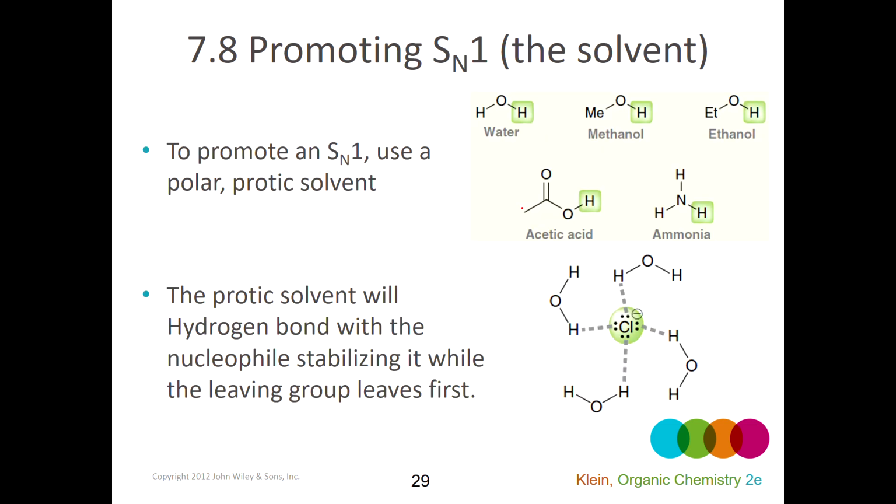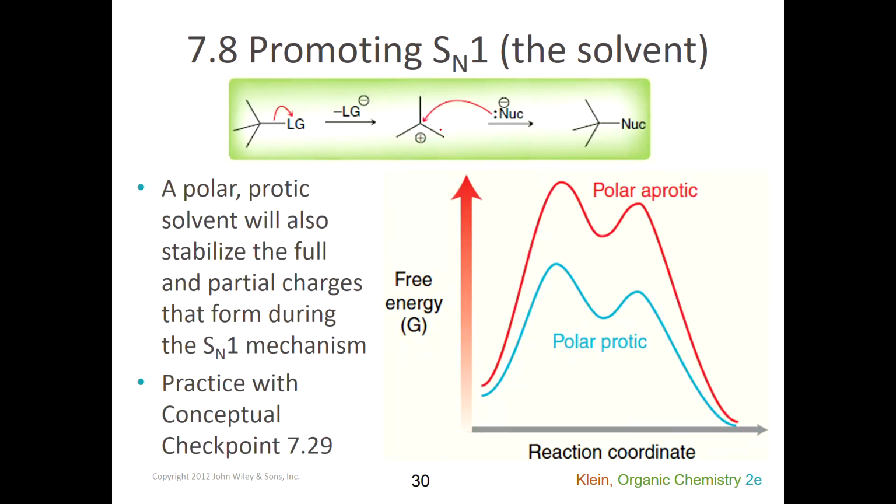If I want to promote an SN1, I don't care about how the solvent stabilizes a nucleophile, because the nucleophile is not even involved in the slow step. If I want to promote an SN1, my only concern is to stabilize the transition state in the slow step. And so how do I do that?